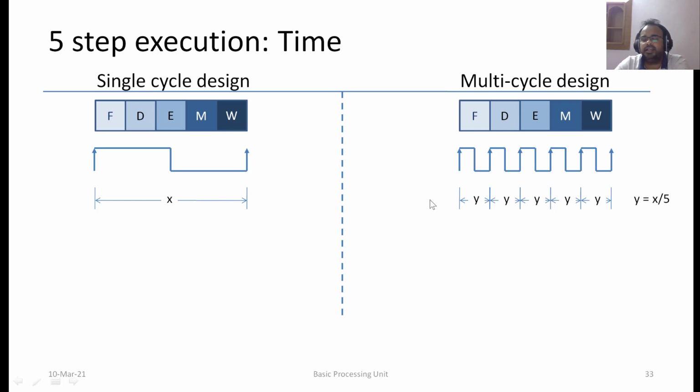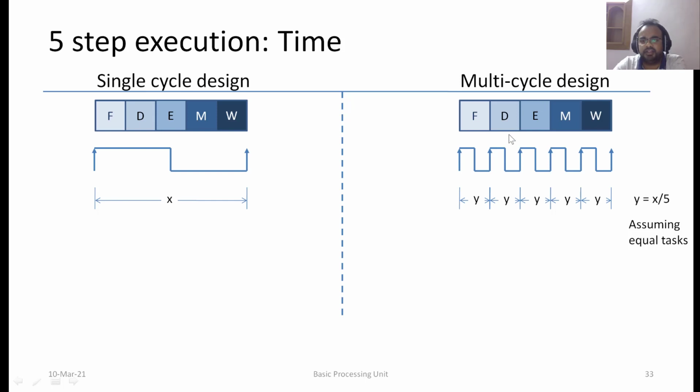Now here there is a very big assumption that we are making, which is that all these five steps, the fetch, decode, execute, memory access, and write back, are taking an equal amount of time. We call them equal tasks in terms of time, right? But we all know that it's not the realistic case.